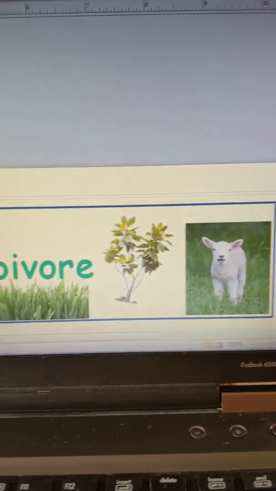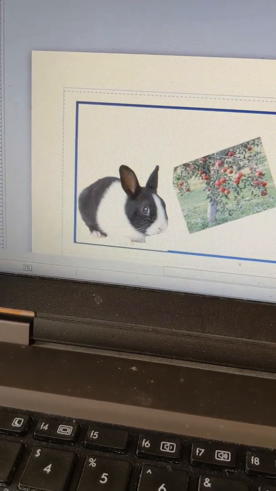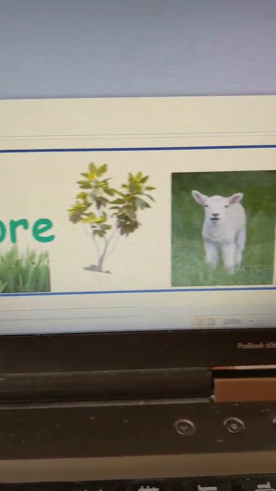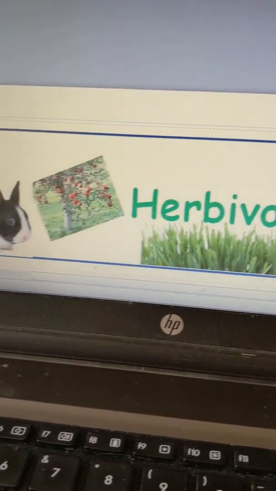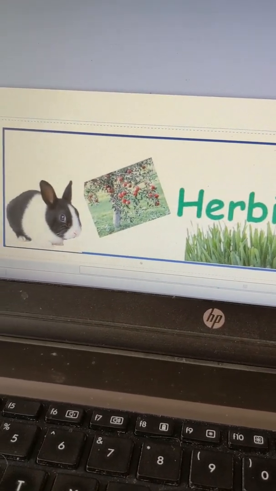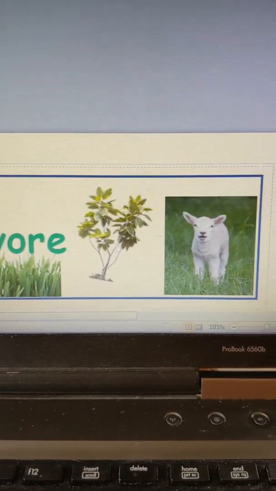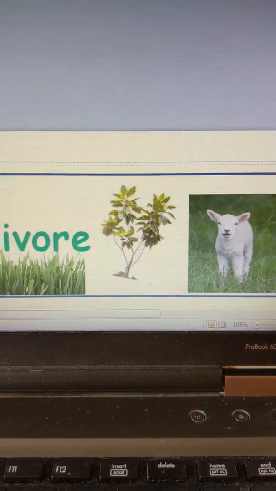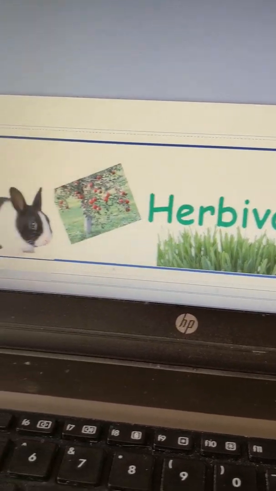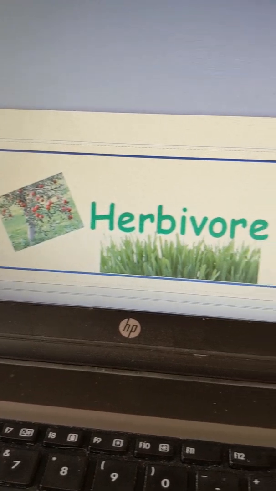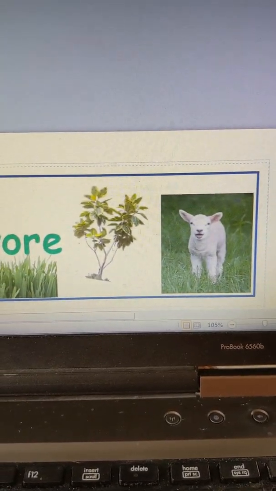So animals that are herbivores are cute little bunny rabbits, lambs and sheep. Some other animals might be cows, giraffes. Those are herbivores. They only eat things that grow from the ground. Grass, fruits, plants, leaves, things like that.